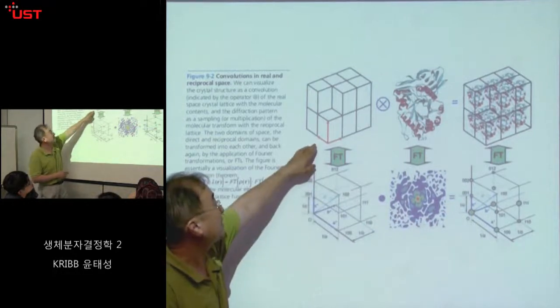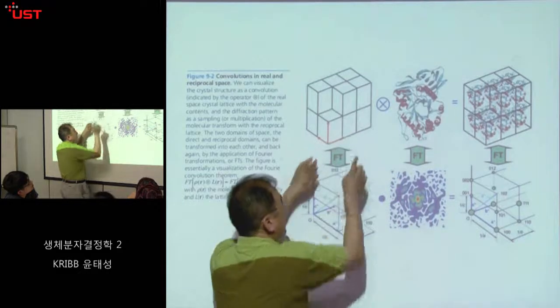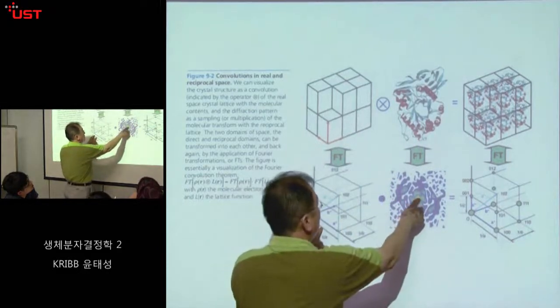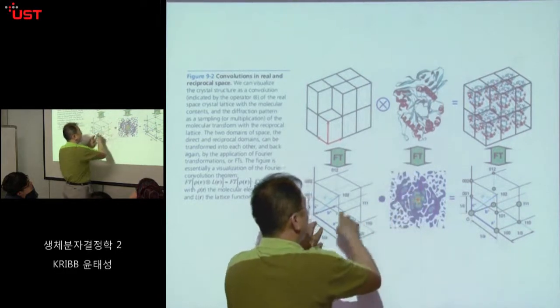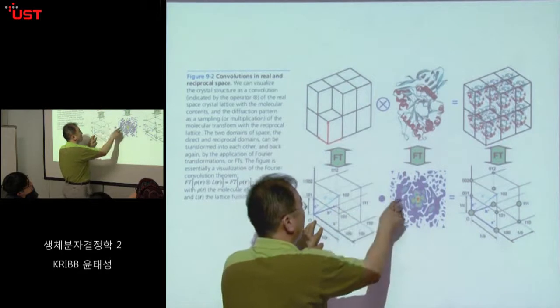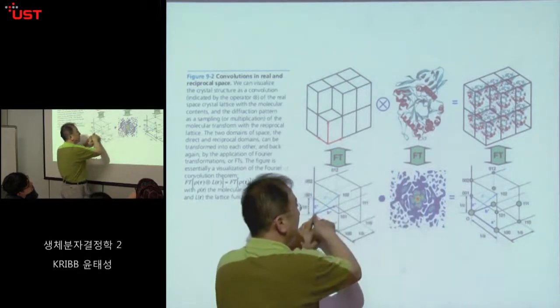Actually, like this, we are putting protein structure here in terms of ABC. Likewise, we should put the Fourier transform of protein structure here.